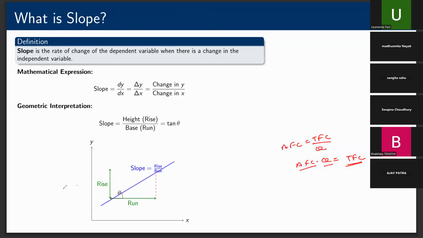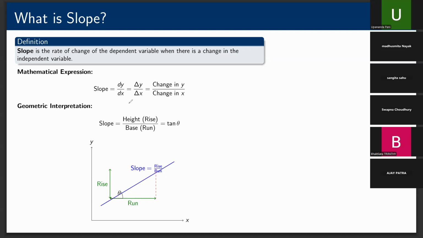Slope. Given a function, how to find out its slope? Slope is simply known as the first order derivative of the function. If y is a function of x, then dy upon dx is known as the slope of the function. In geometry, how to find out the slope? Take any two points.